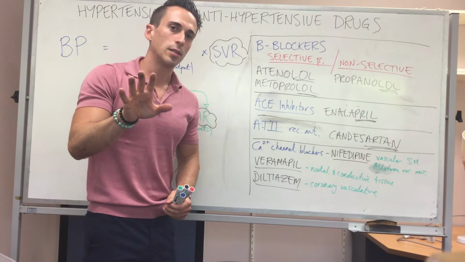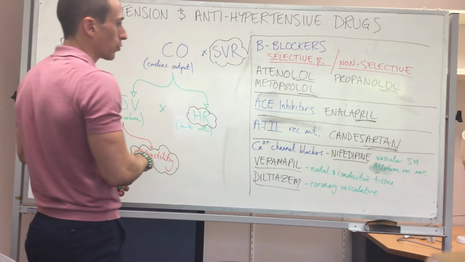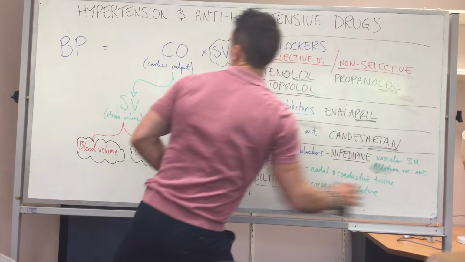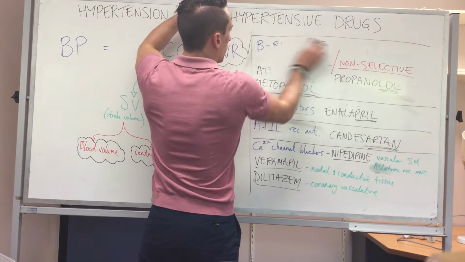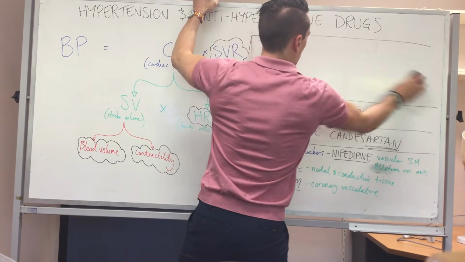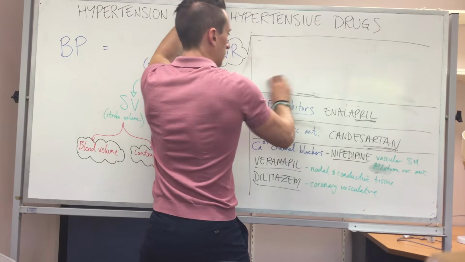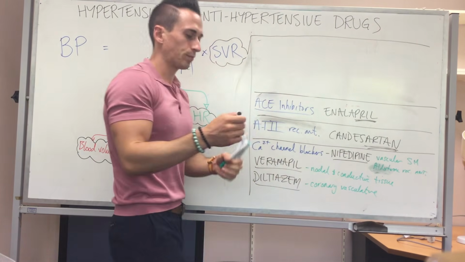All right, last thing I want to talk about, and I don't have too much room here, so I'm going to have to get rid of the beta blockers, are the diuretics.